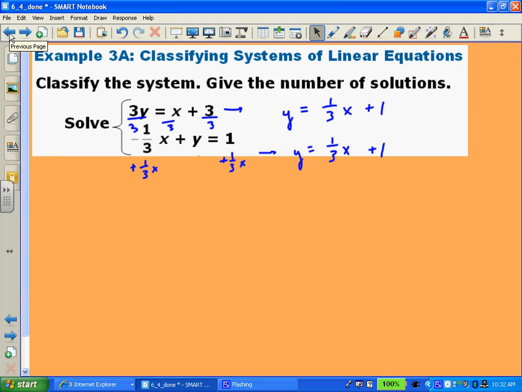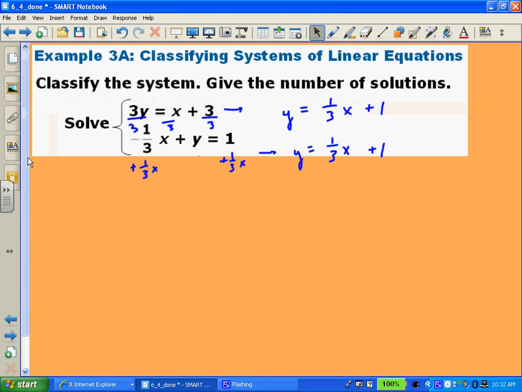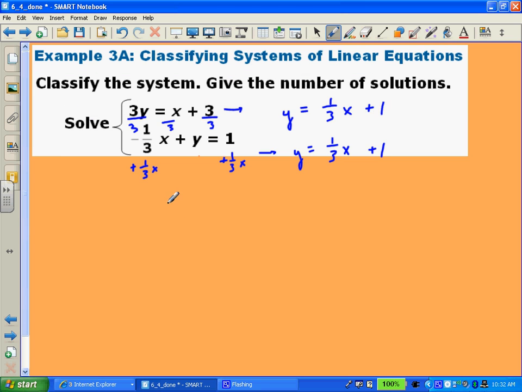Now if I look back at my chart, okay, it says that I'll either have different slopes, I'll have same slope, same y-intercept, or same slope, different y-intercepts. Well, if I look here, I have same slope, they both have a slope of 1/3, and I have same y-intercepts, they both have a y-intercept of 1. So if they have the same slope and the same y-intercept, if we look at our chart, that tells us that this is a consistent and dependent system.